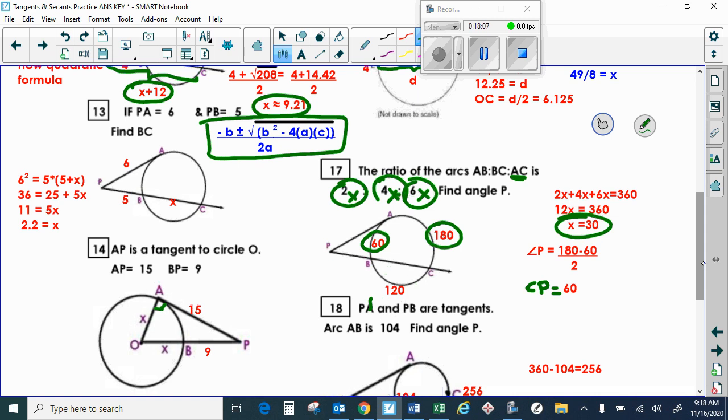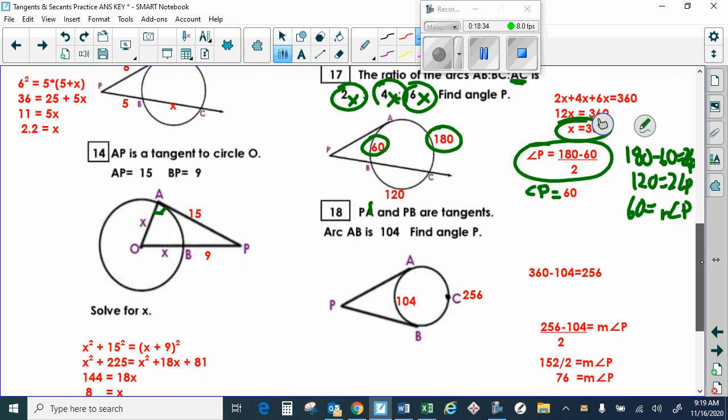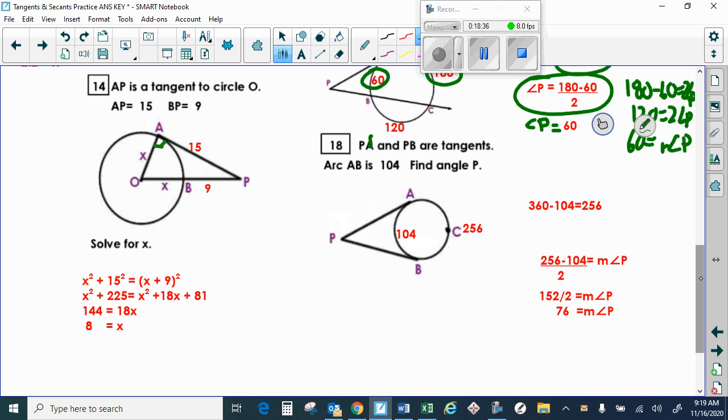I just needed those two, because remember, it's the outside minus the inside. 180 minus 60 divided by 2 equals the angle itself, or I could have said 180 minus 60, outside minus inside, equals 2 times angle P. So you get 120 equals 2 times the measure of angle P, divided by 2, and you get the measure of angle P equals 60 also. Same thing.